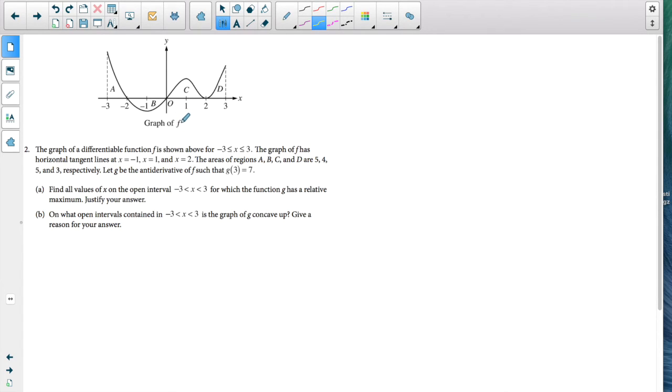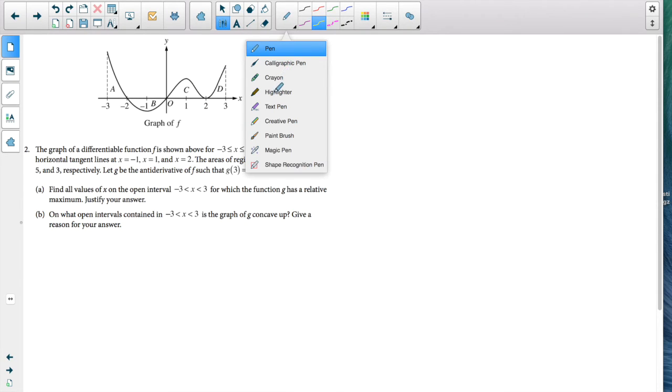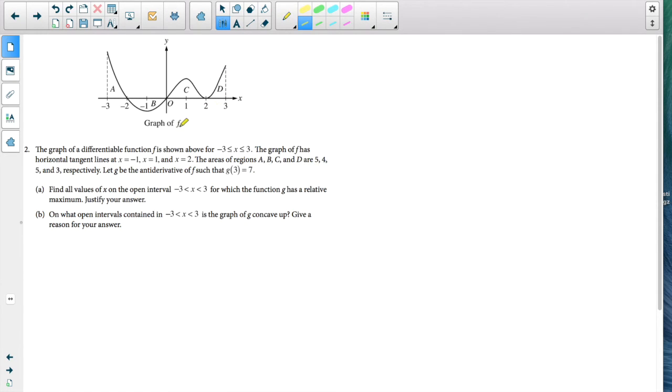Okay, so we have this function f here that they're showing us, and later on they're talking about let g be the antiderivative of f. Fancy word for saying integration, right?